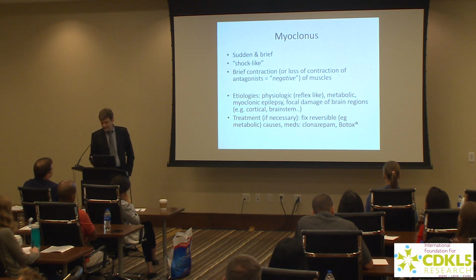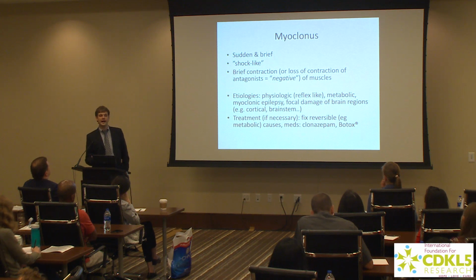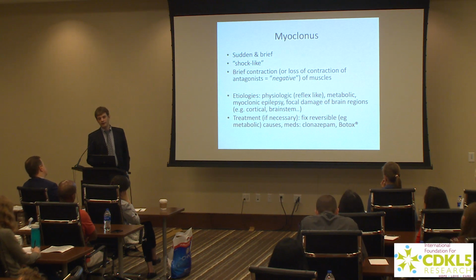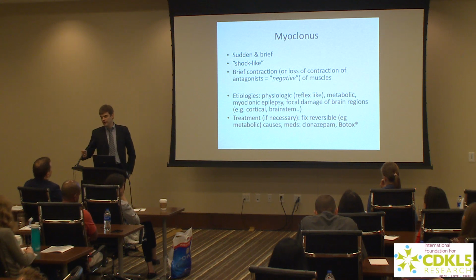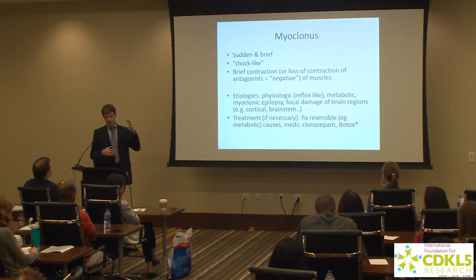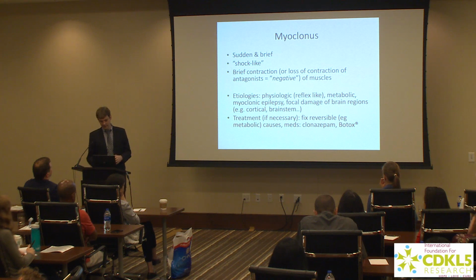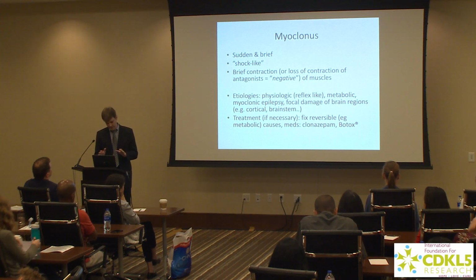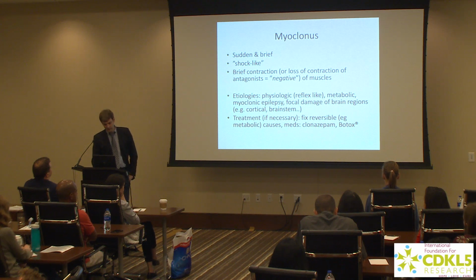It's a brief contraction of muscles, or actually the absence of contraction of the antagonist muscles that suddenly give up counteracting, because all our movements are maintained by a group of agonists and then the antagonists. And if any one of them lets up, you might get myoclonus.